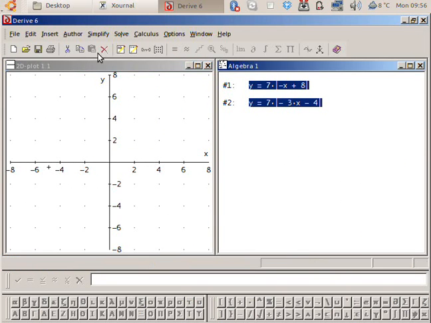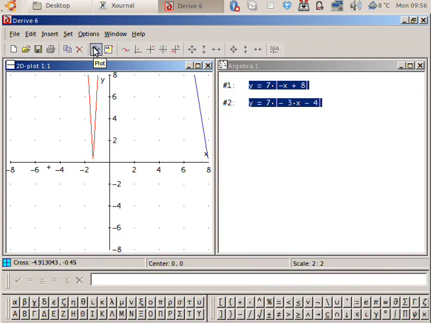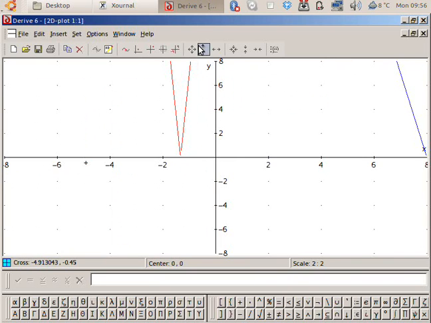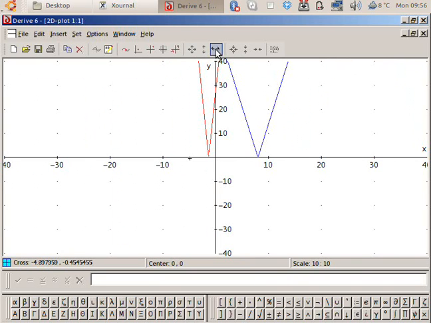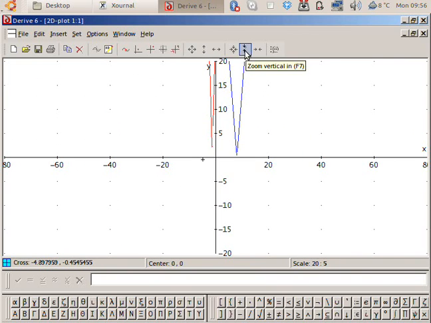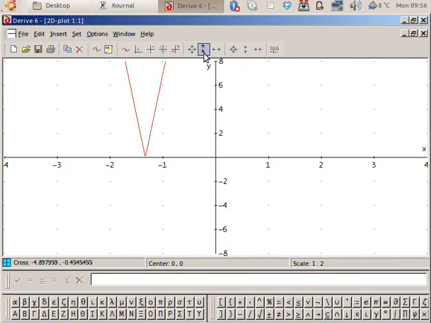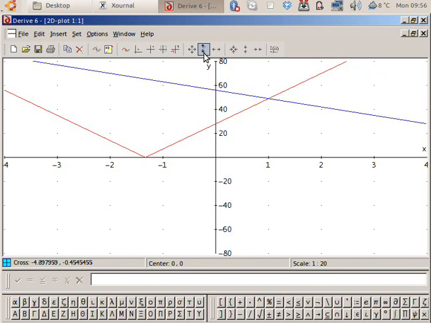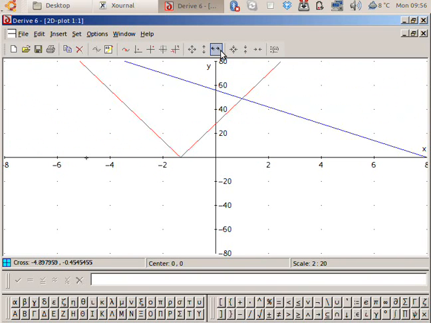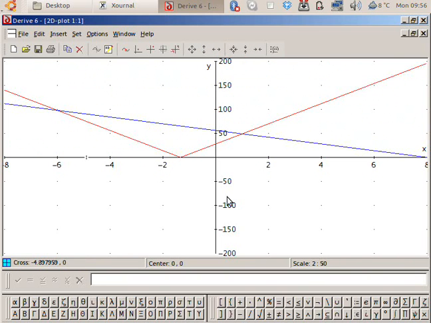Okay, there they both are. Zoom out. There we go. So what was our first answer? Minus 6 was one of our answers, yeah? And then there's 1 there, and there's minus 6 there. So they meet twice.